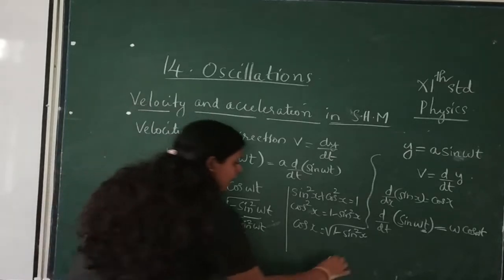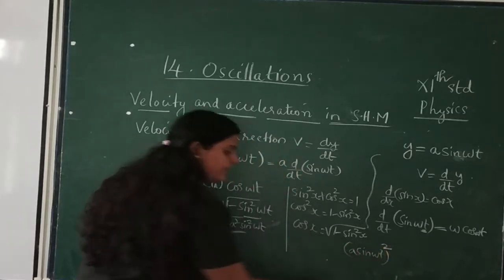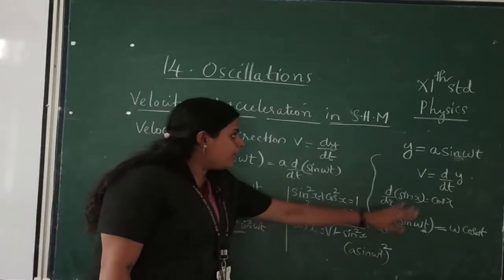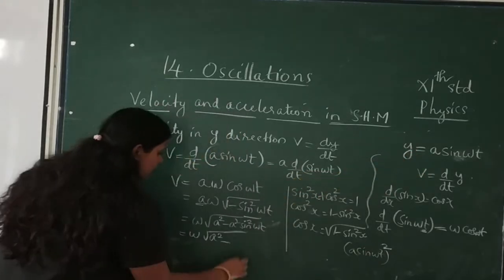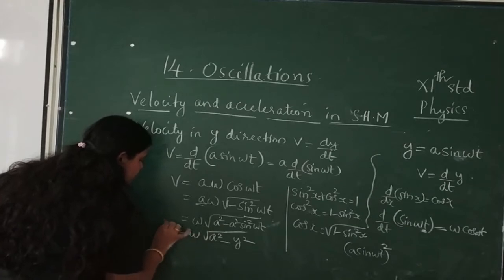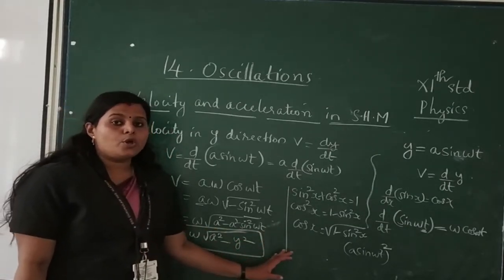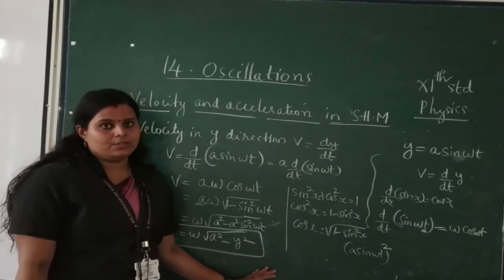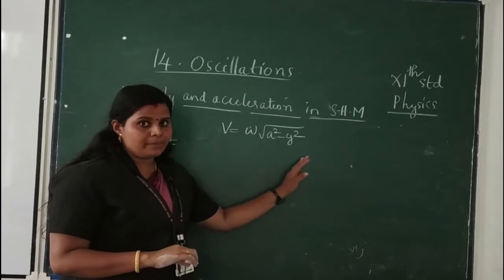Right? Now what is a sin omega t? It is y. So what will a sin omega t the whole square be? y square. So this is the expression for velocity. Velocity v equals omega into root of a square minus y square.